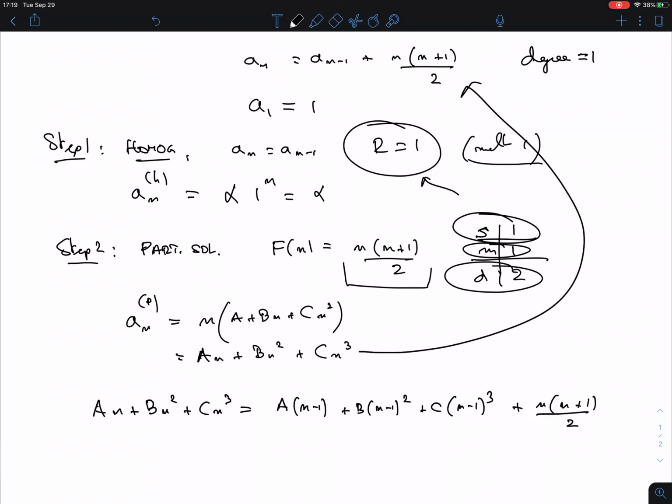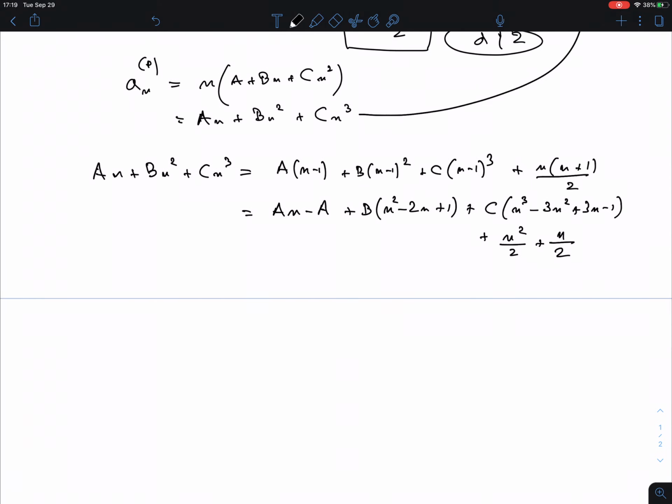Well, let's expand everything. So we expand: an minus a, plus b times (n squared minus 2n plus 1), plus c times (n cubed minus 3n squared plus 3n minus 1), plus, and here I'm going to write this as n squared over 2 plus n over 2. I need to see all the different degrees.